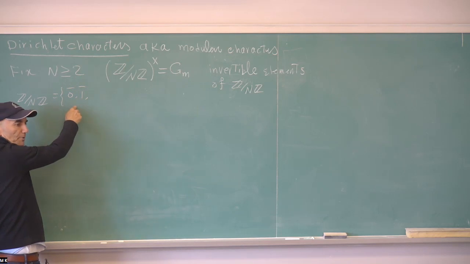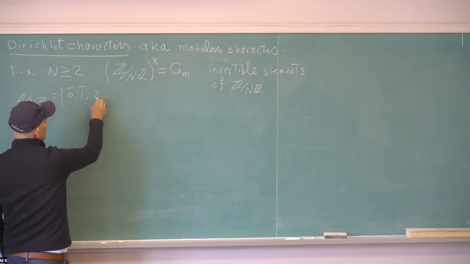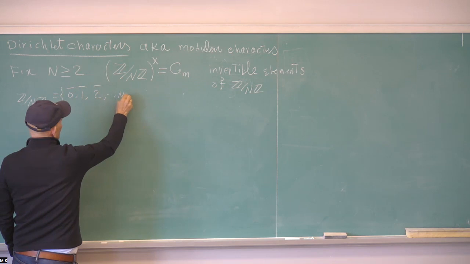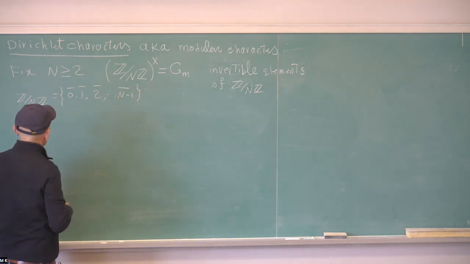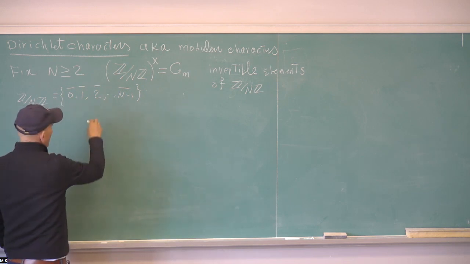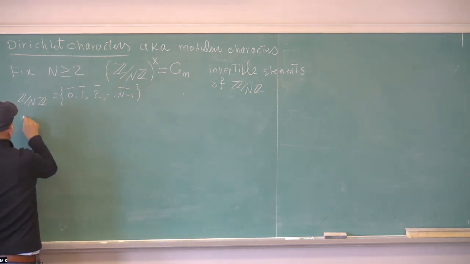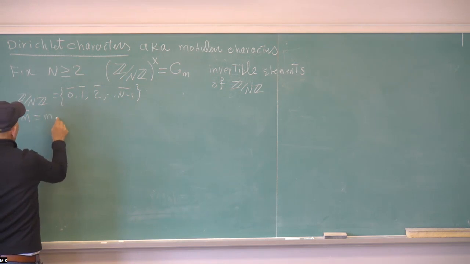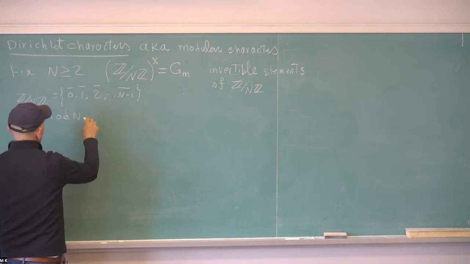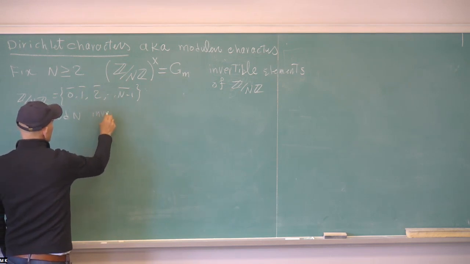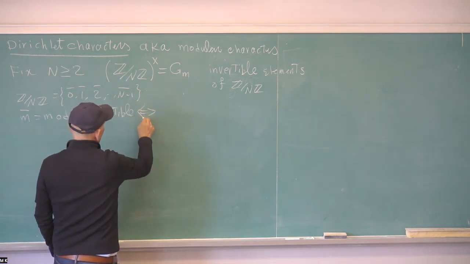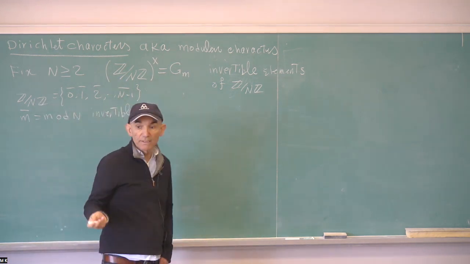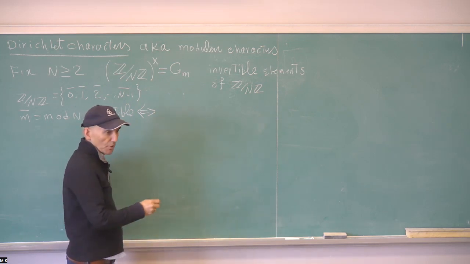By this, I mean representatives 0, 1, 2, all the way up to n minus 1 in this ring. And of course, then m bar, which is m mod n, so to speak, is invertible if and only if this m is, as I said, relatively prime to capital N, right?